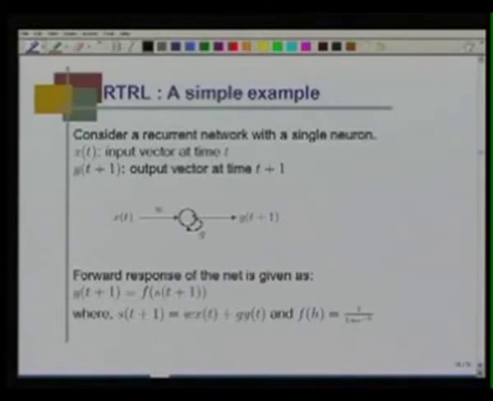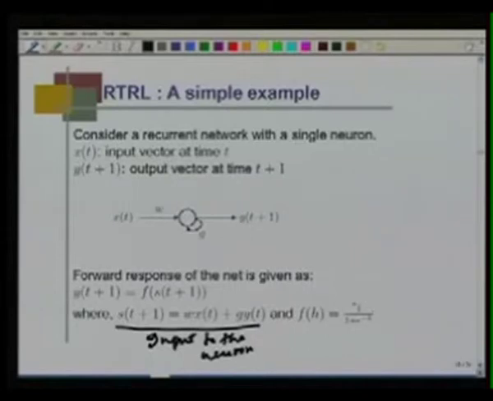The input to this neuron is w xt plus g yt, where yt is the previous output. So, this network has an internal memory, one state memory. So, st plus 1 is w xt plus g yt.